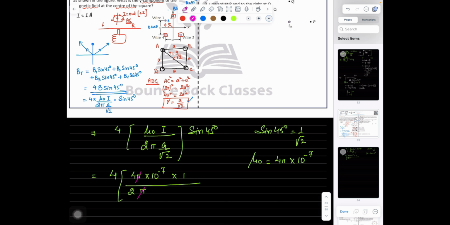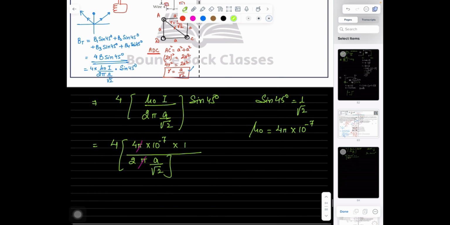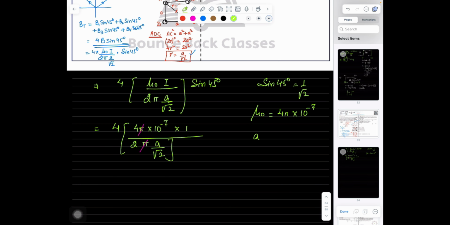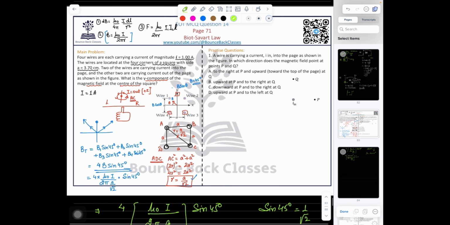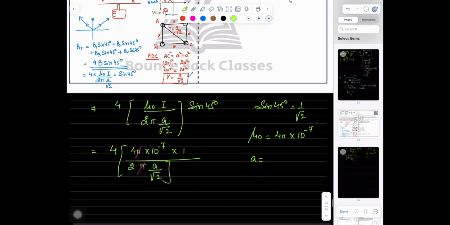Now just place all the values. 2 pi, and A by root 2. What is the value of A given here? A is 3.7 centimeter, which is equal to 3.7 times 10 raised to the power negative 2 meter.